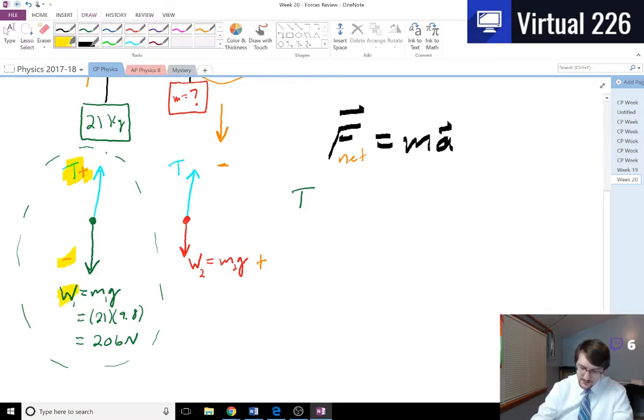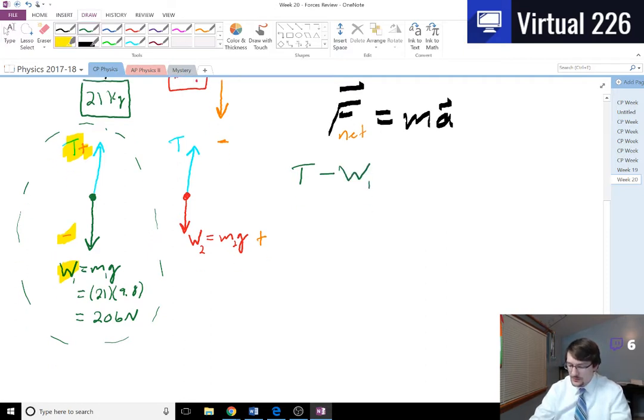It's negative, so minus weight of the first one, so W1, equals the mass of the first one times a. For our second block, in this case, our weight is actually positive and our tension's negative, so we can say weight 2 minus tension equals M2a.